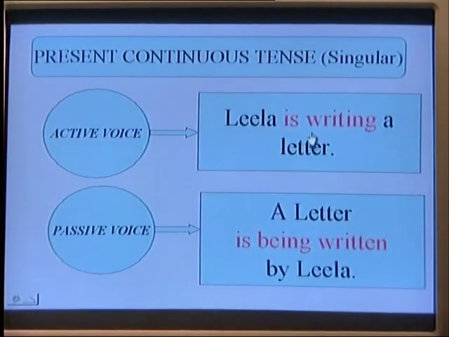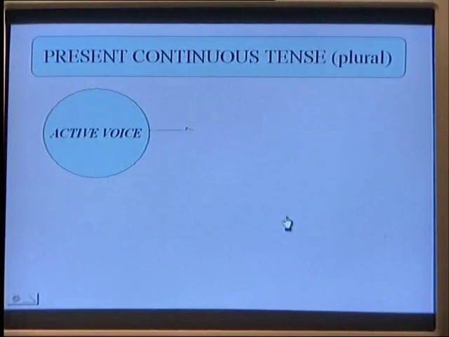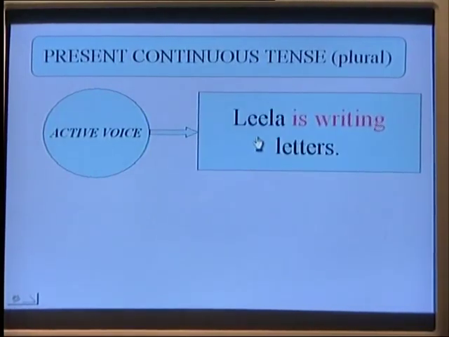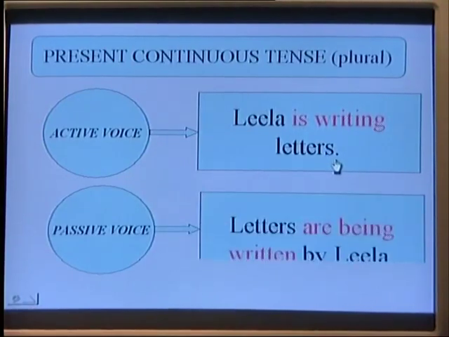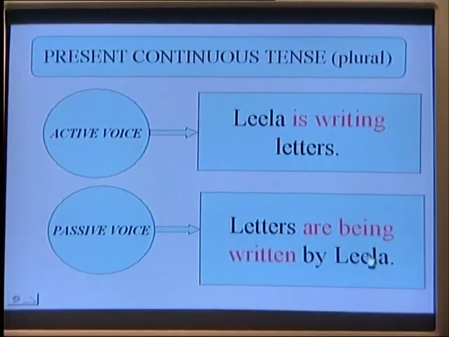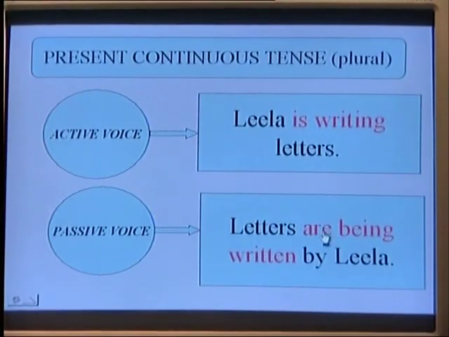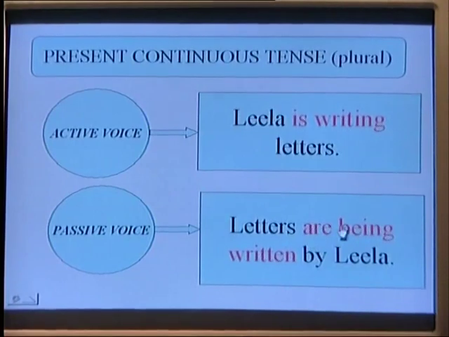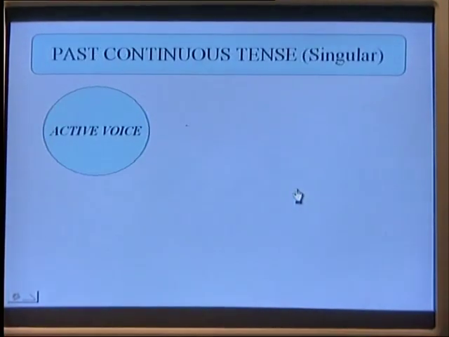A letter is being written by Leela. Leela is writing letters. Now, the object is plural. What is the passive form of it? Letters are being written by Leela.